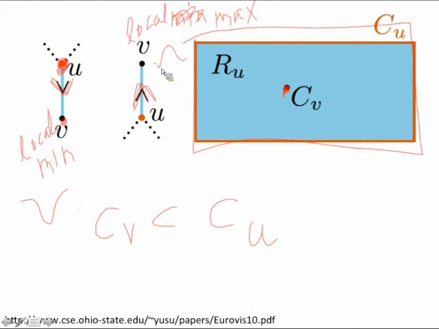In which case your C of V would be down here, and this would be higher energy, or C of V is here, and this could be lower energy. But all of this maps to the same energy, and this maps to either a higher energy or a lower energy, depending upon whether it's a local max or a local min. Any questions about this rectangle?